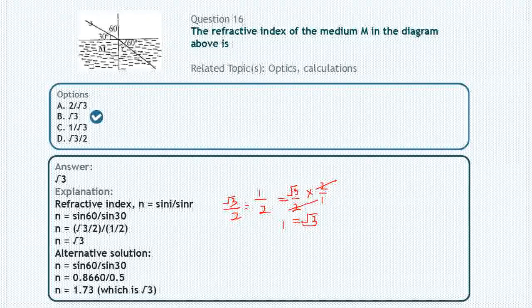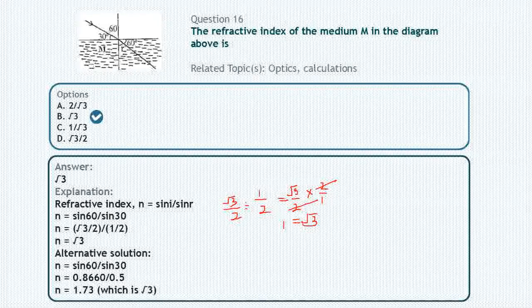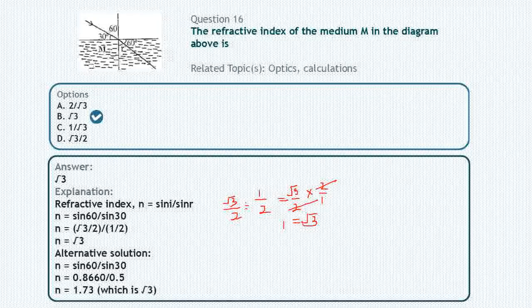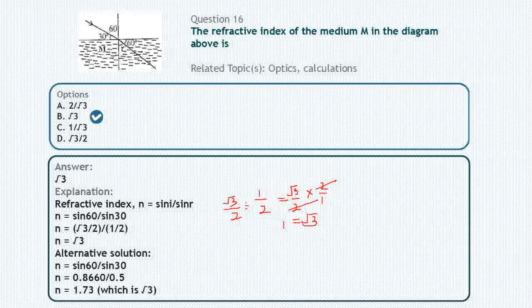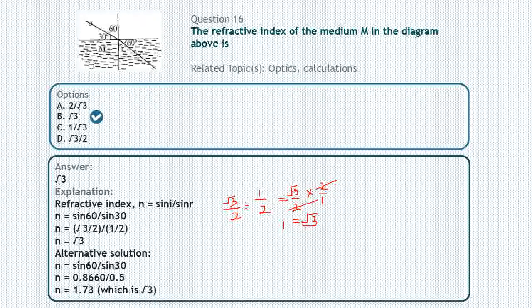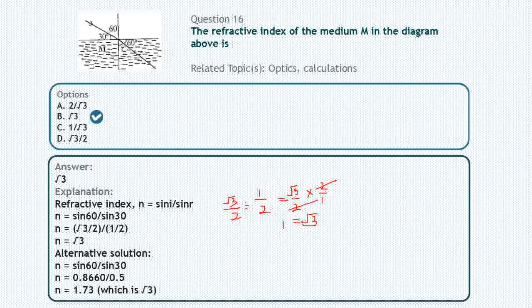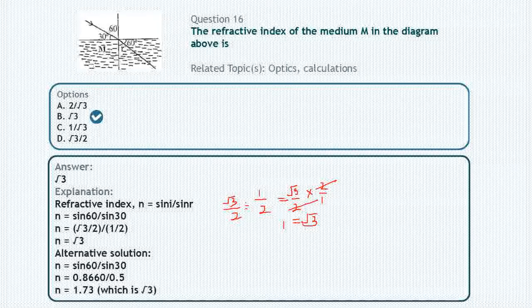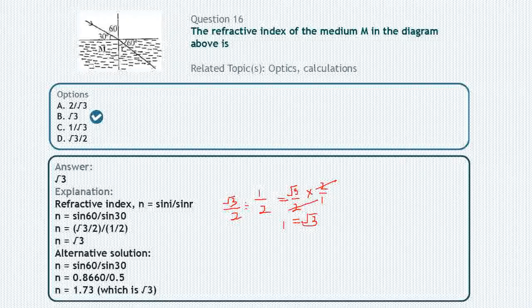You may not exactly see what I've been doing, but you see it as a red writing on the screen. So 2 cancels 2, and we are now left with root 3. So root 3 over 2 divided by 1 over 2 becomes multiplication, and you turn this upside down. So we have 2 cancel 2, and we have root 3.